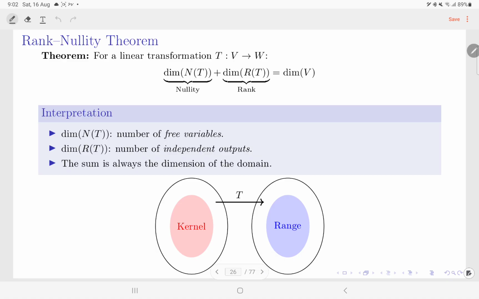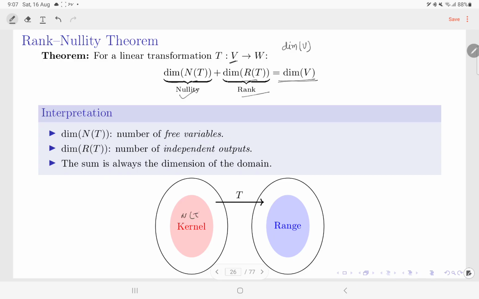The rank nullity theorem says that if a transformation is given from V to W, then, so you are familiar with this one, the dimension of V is equal to the dimension of null of T plus the dimension of range of T, which is also known as nullity and rank.